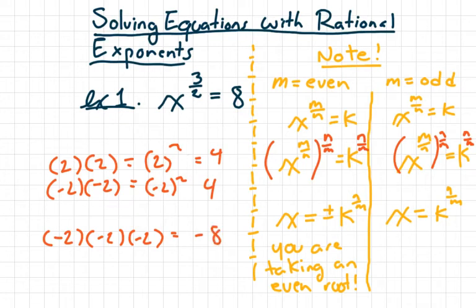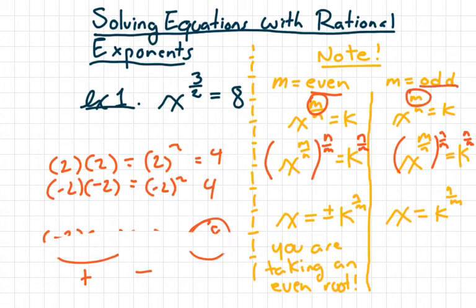So what happens is it keeps its sign, right? This turns into a positive, and this is a negative. A negative times a positive is a negative. So that's why when the numerator is even, we have to put that plus or minus, but we do not when the numerator is odd.